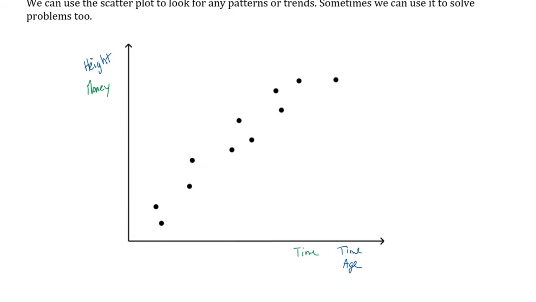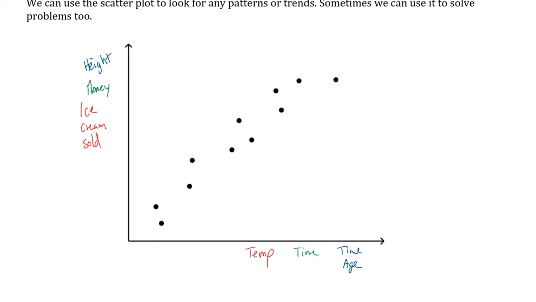What's another one that it might be? How about ice cream sales and temperature? What does that mean? The more the temperature increases, so this is colder temperatures and this is hotter temperatures, right? If the temperature here is 0 degrees Celsius and the temperature here is 30 degrees Celsius, that's the difference between winter and summer.